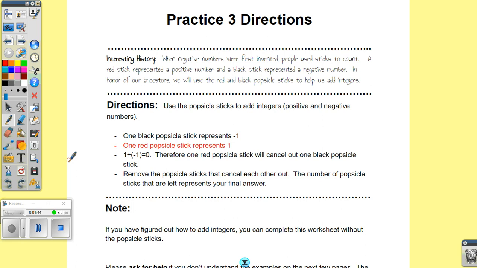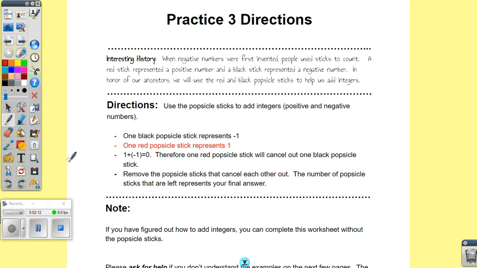So in the beginning, they started using red sticks to represent positive numbers, and the black sticks represented the negative numbers when they were adding. And so sticking with that tradition, I decided that I would use red and black popsicle sticks for you in the classroom just because I thought it was a really neat idea. Now, eventually, our ancestors came up with rules and they said, wait a minute, this is really silly.